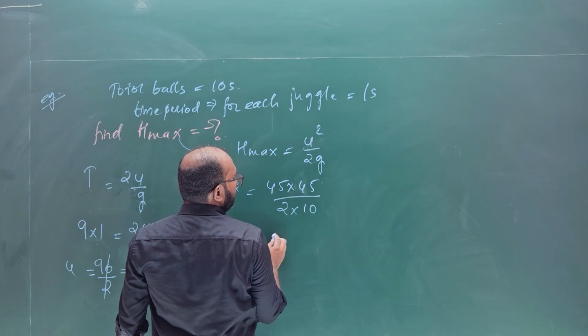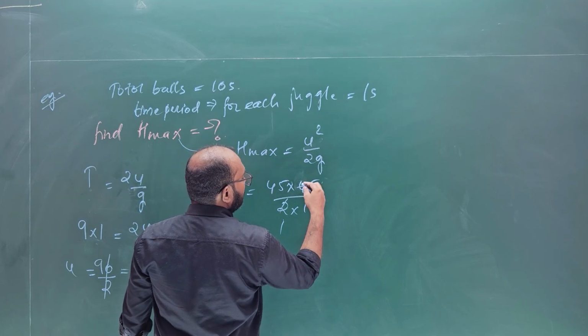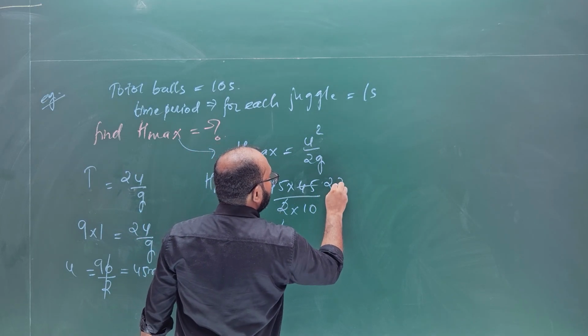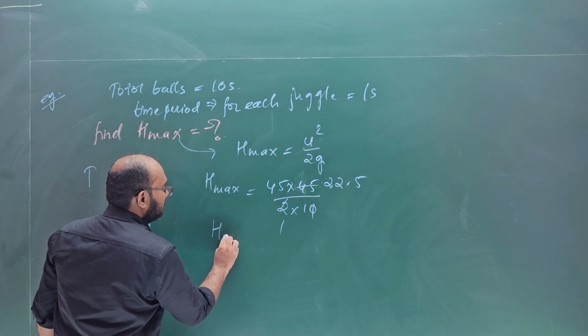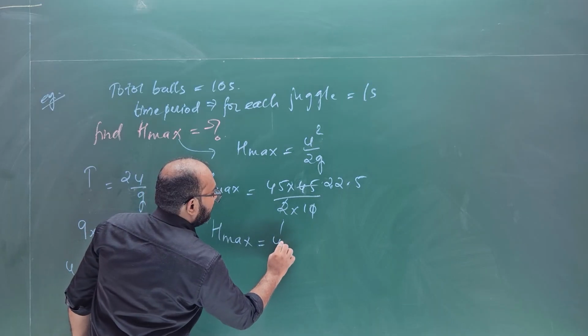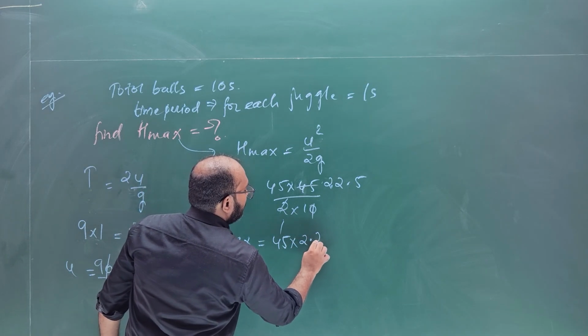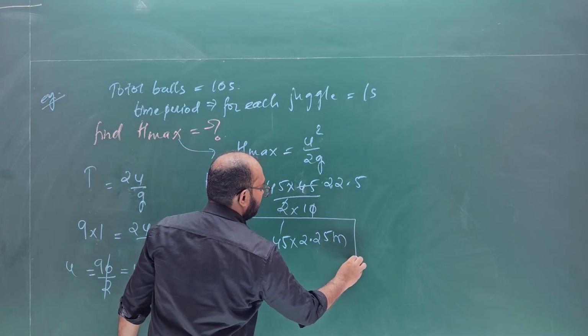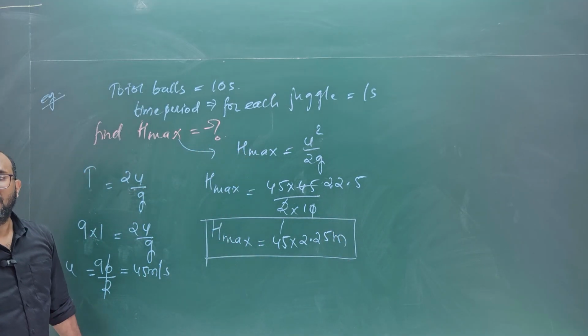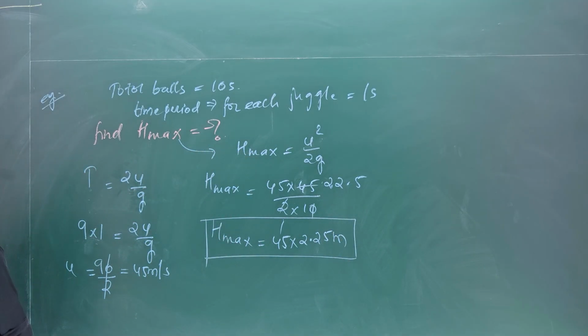So this becomes 2.25 into 45... H max is equal to 45 into 2.25 meters. Multiply and that is your answer. I got my point?